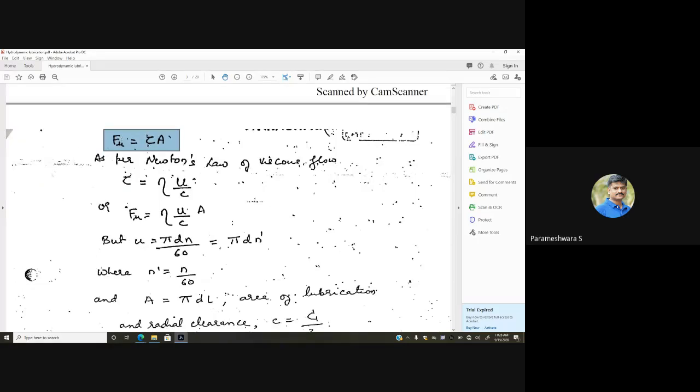So using this relation, F mu is equal to tau into A. This is very simple. Tau is equal to frictional force by area, then the force is equal to tau into A. That's it. Okay.